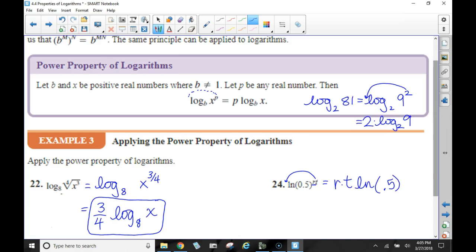Now, I don't know if they want us to get on our calculator and crunch the natural log of 0.5. Well, I don't have that. So I guess we're done right here. All right.